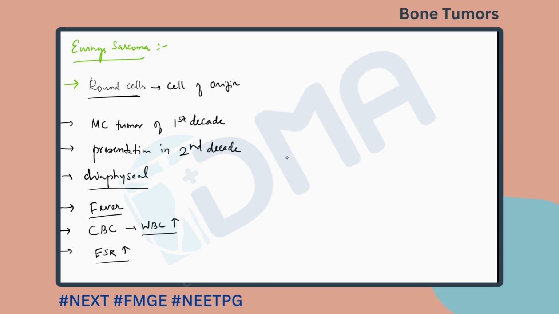Since morning we have crossed a few topics. Anywhere did you cross a condition where the patient presents like this? No? What is it? Osteomyelitis. Very good. Ewing sarcoma mimics osteomyelitis.